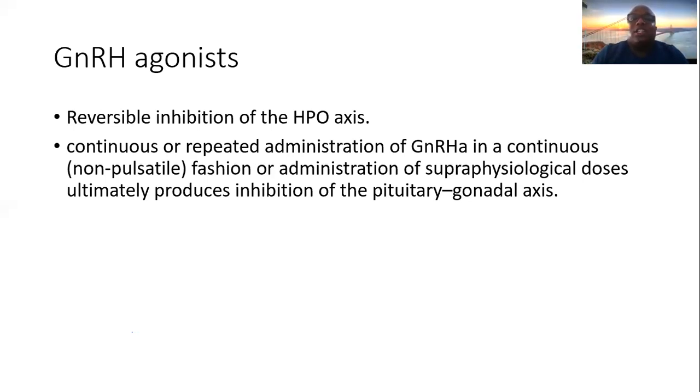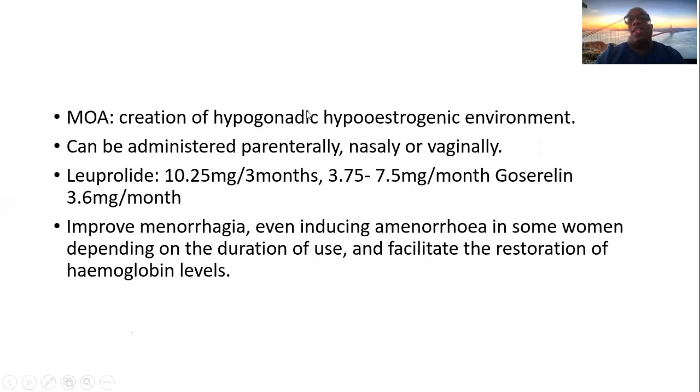When given, they suppress production of the reproductive hormones, that is the estrogen and the progesterone. They create what we call a hypogonadic, hypoestrogenic environment. This is decreased estrogen production from the ovaries.